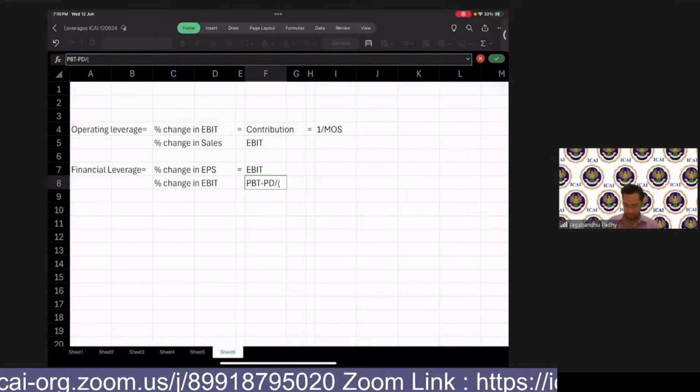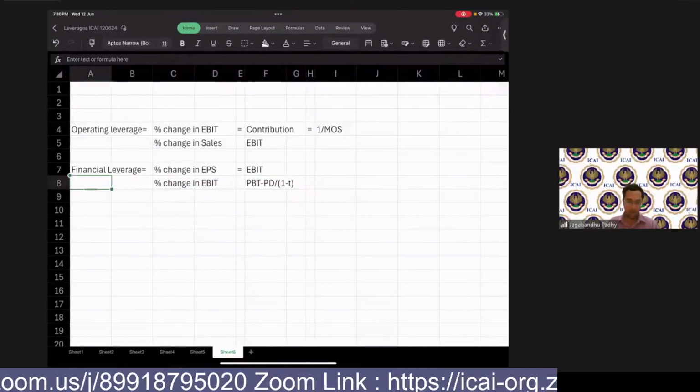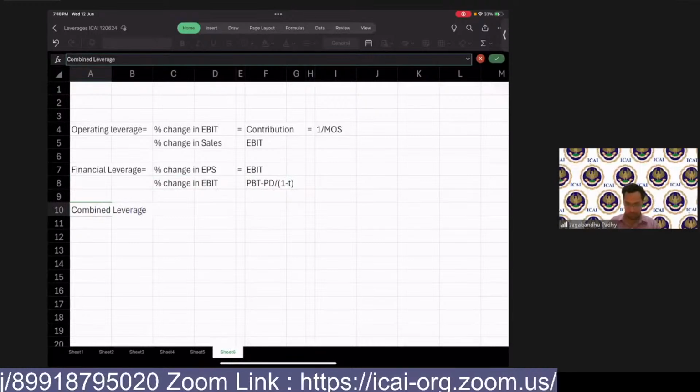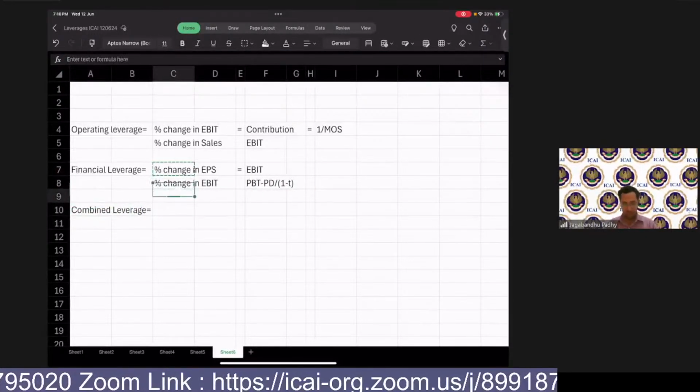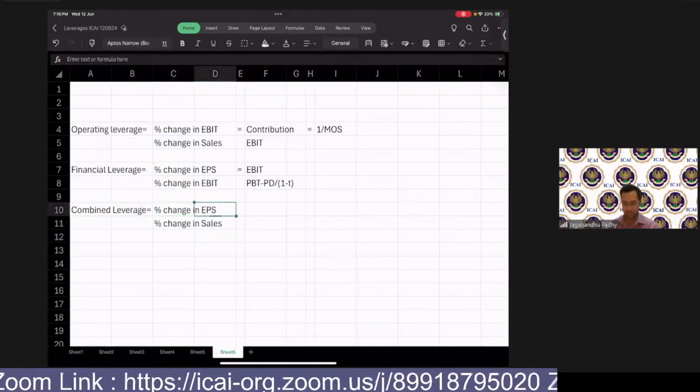Okay. And then the final one, combined leverage, is percentage change in EPS due to a percentage change in sales.